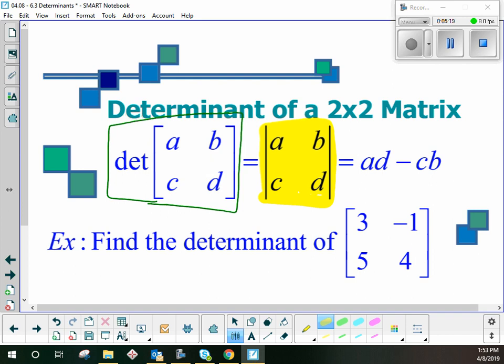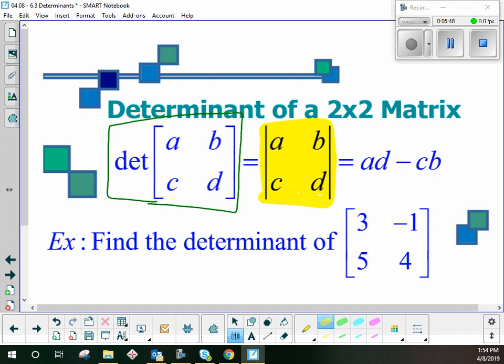So if you see a matrix with straight lines, this is telling you you're finding the determinant of the matrix. These are two different formats, and that's why it's equal between them. You can either have DET and then the matrix written like normal with the brackets, or you can have the matrix inside what looks like absolute value bars, but you're not actually finding the absolute value. It's just symbolic. It's just notation.